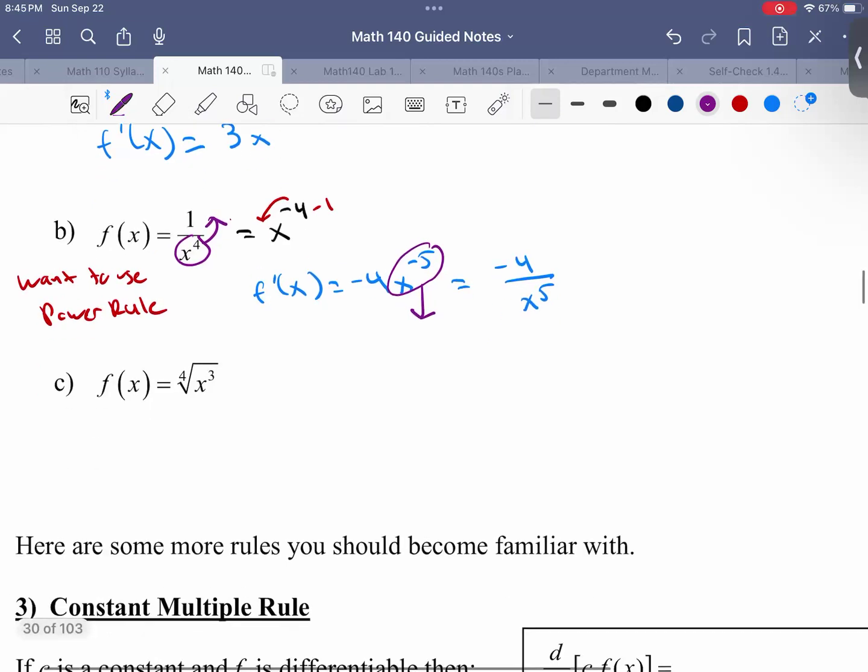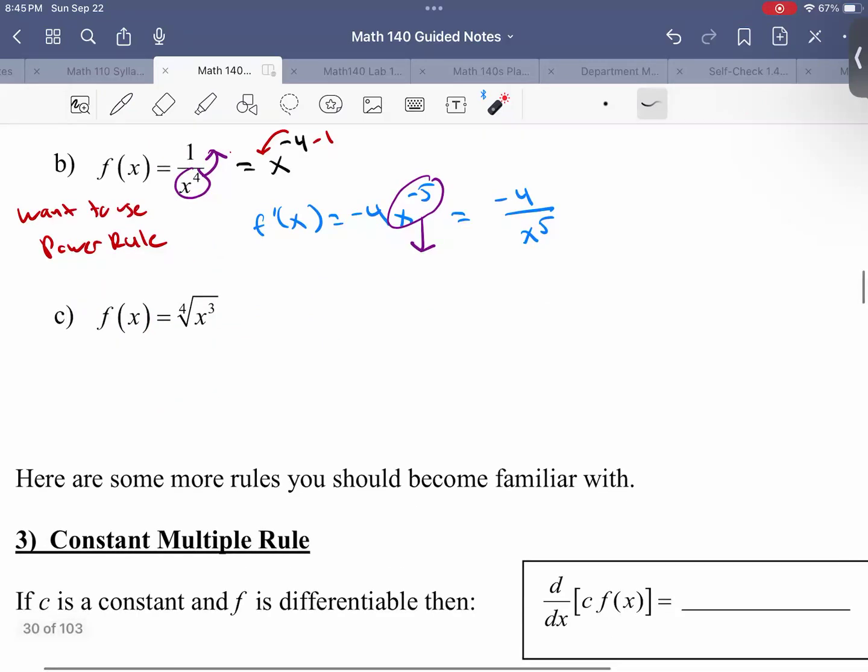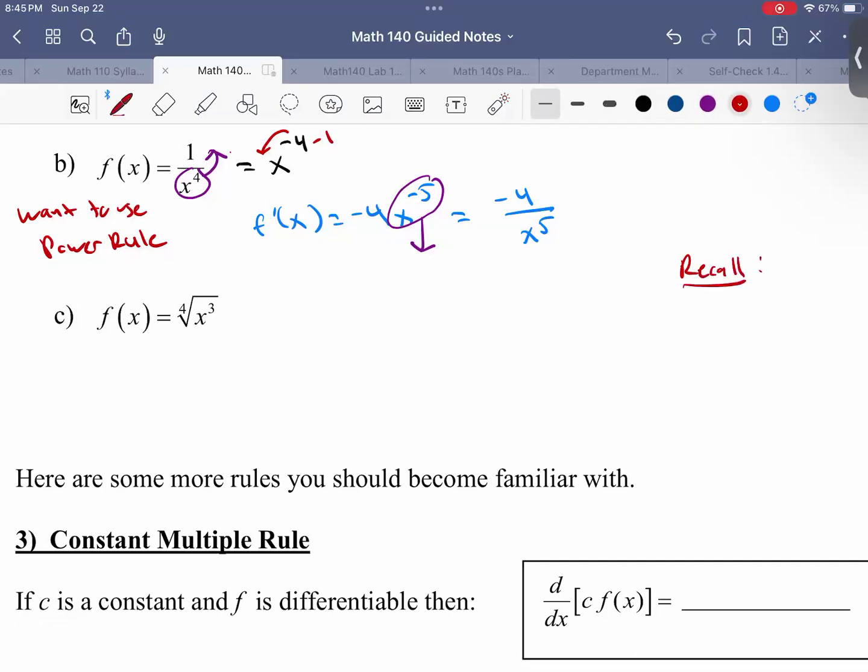Okay, so last one, we have f of x equals the fourth root of x cubed. Recall from the algebra review that if I have something like x to the a with the b root, I can rewrite this as a fraction power, x to the a over b.